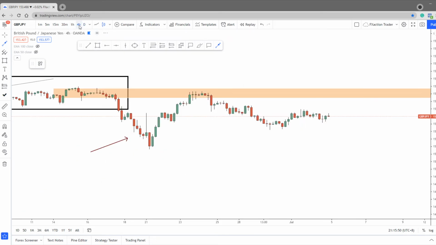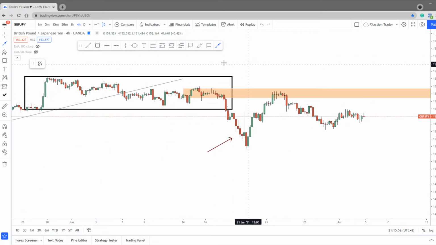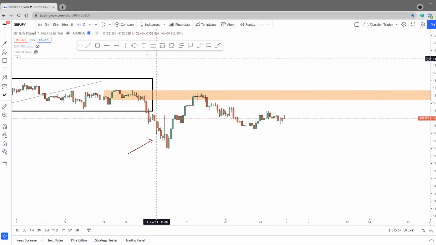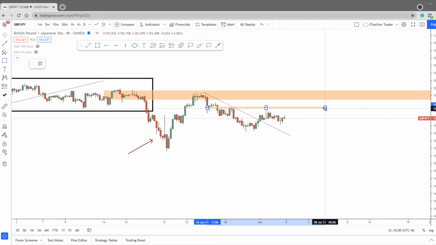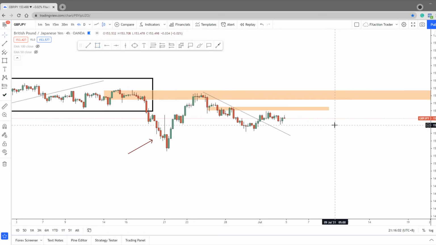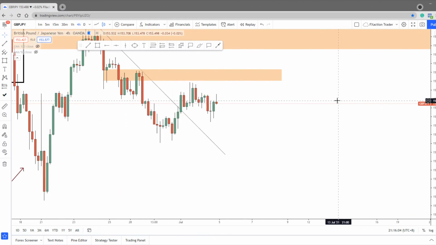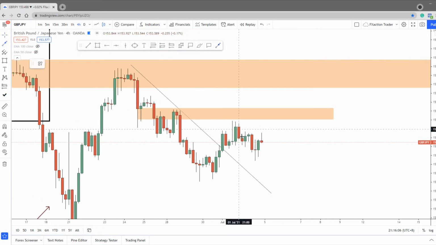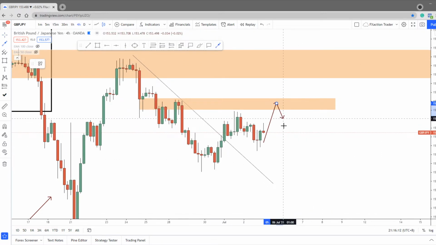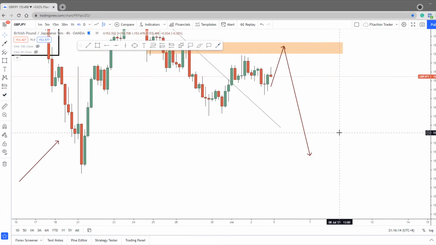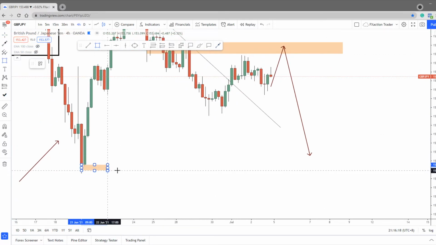So let us have a look at H4. On H4, the market is still in a sell trend, and these are the key levels that we are going to pay attention to. There is a very high chance for the market to retest this key level again, and from this key level we can start to scale down for a short signal, with the take profit level at the previous low at 151.517.